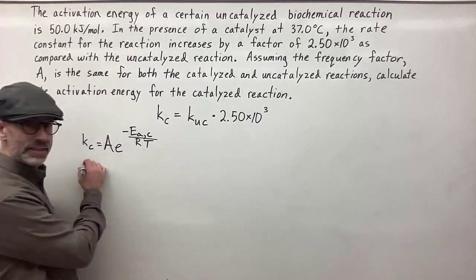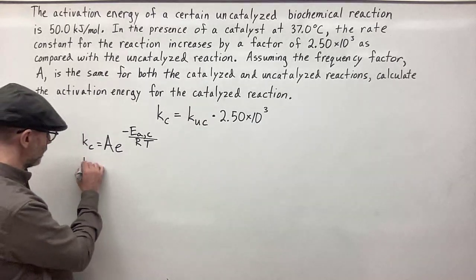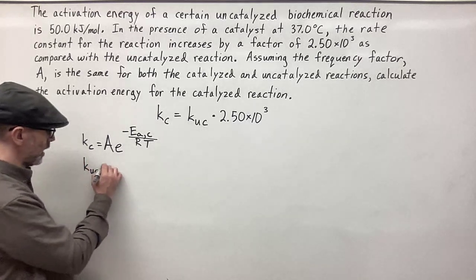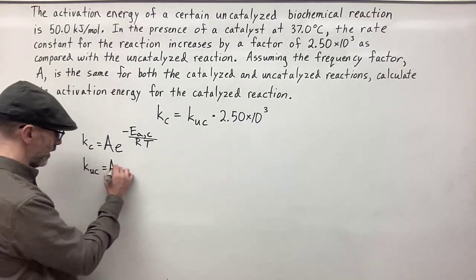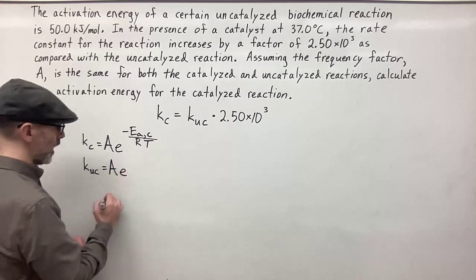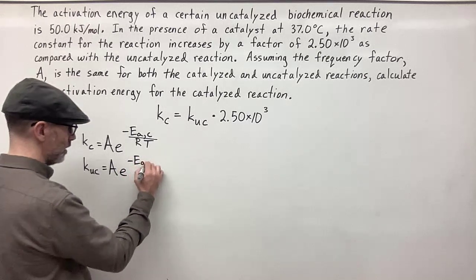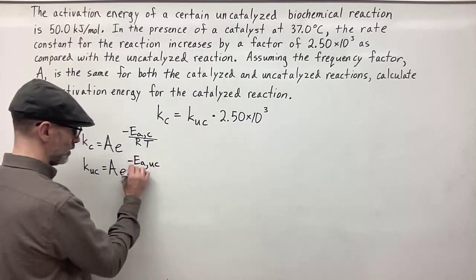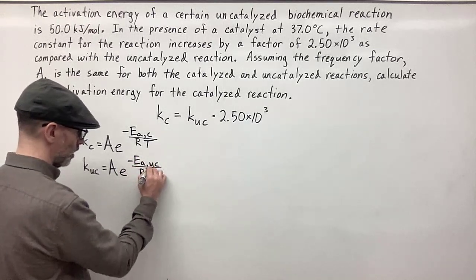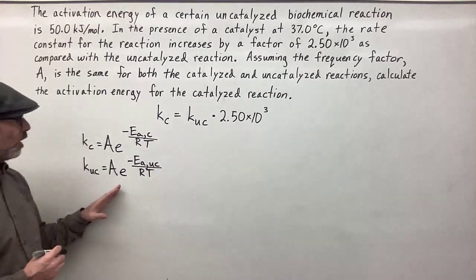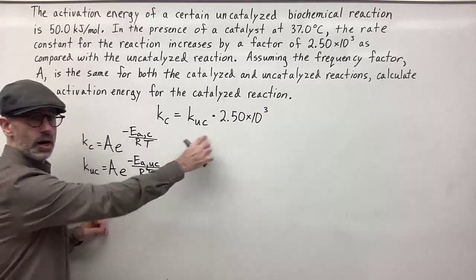Let's write the same expression for the uncatalyzed reaction. So K UC for uncatalyzed is equal to A times E, again, raised to the negative activation energy of the uncatalyzed divided by RT.